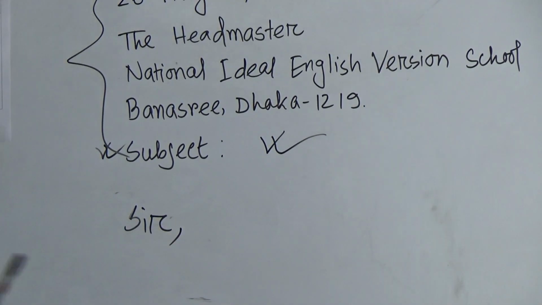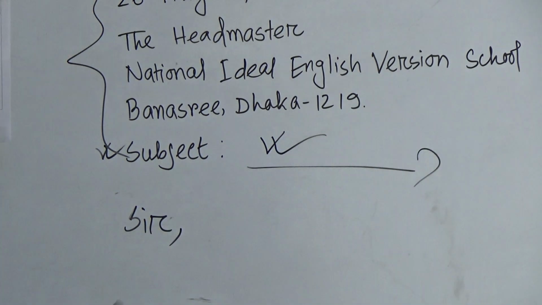Then, as I told you, it will have to be completed in the form of a report. So after giving the subject, you will write sir. After writing sir, you have to write: with most respect, I am presenting the report titled, and the title would be the subject I told you. After writing titled, you will write the subject's name as per your order, memorandum number, NIEVS, then the published date, and you can give any date.